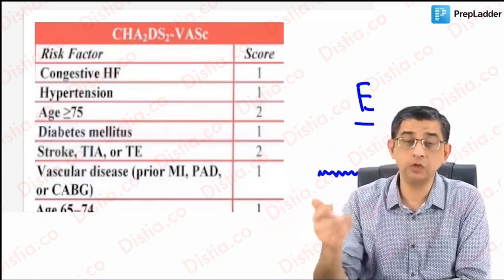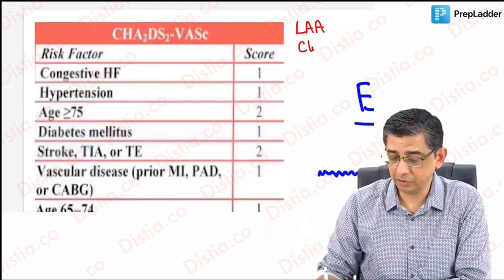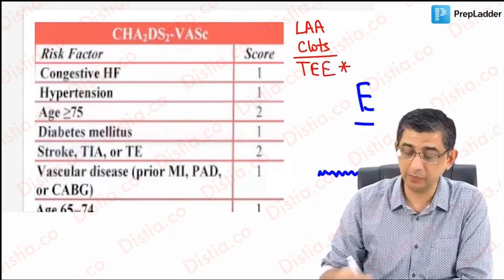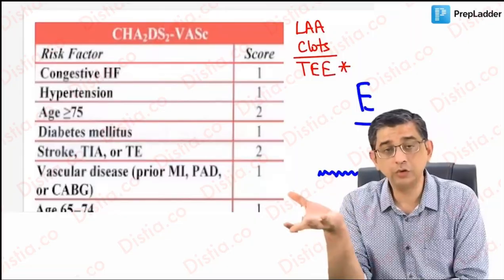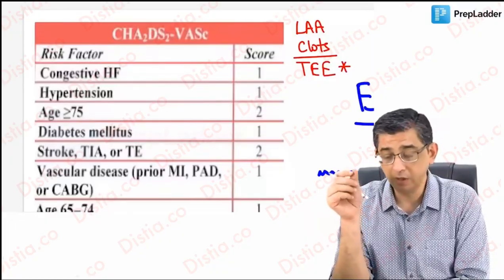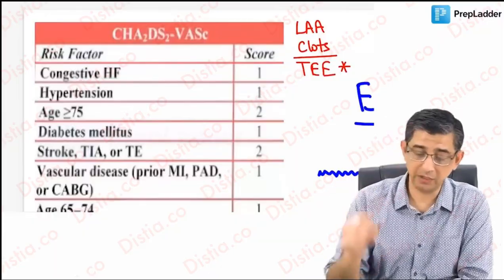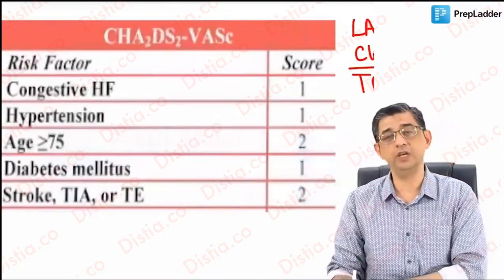And transesophageal echo, even if there are clots in the left atrial appendage, as an investigation may not always be available, especially at night time if the patient is coming. So I obviously need to see whether clots are there, no? By morning, the person will develop embolic stroke. So if I want to start oral anticoagulation, I need to have some evidence, and that is why the scoring pattern is there, which is called the CHA2DS2-VASc score.